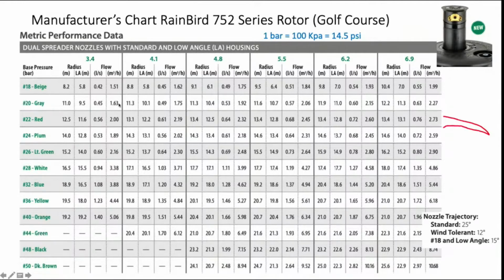Here is in liters per second or meters cubed per hour, based upon the pressure. And this is in bars here, 3.4 bars, or about 50 pounds per square inch in English units. So, we'll talk about golf course are pretty high pressure systems in terms of what you want to supply to the rotors.